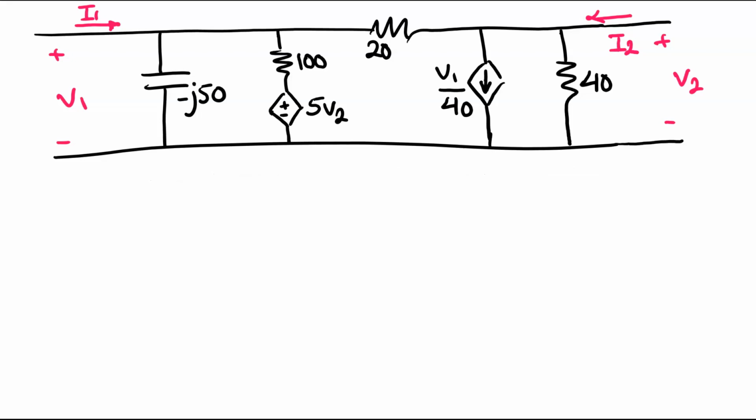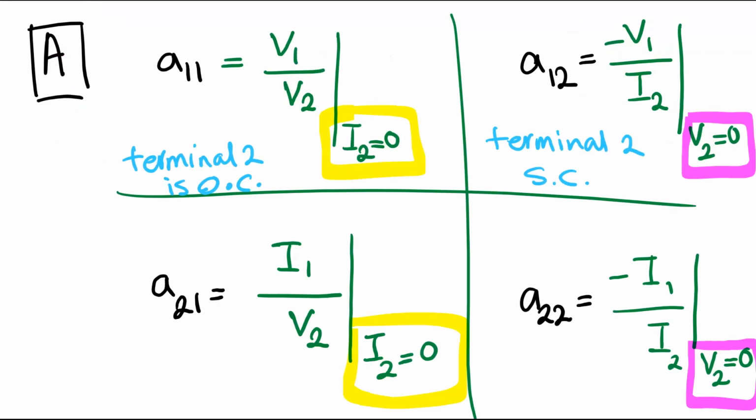Something that I would like to suggest is that you remember the different conditions that you need to apply. For example, in order to find a matrix, I need to focus on my output terminal. One scenario is that I have to make the output terminal short-circuited, and my second scenario is open circuit output terminal. Now, sometimes short-circuiting or open circuiting make the circuit a lot simpler to solve.